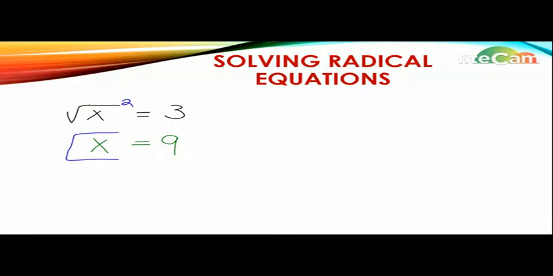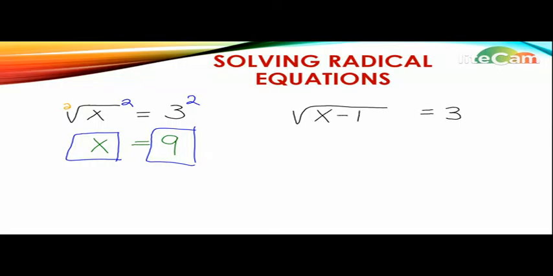If I square the left-hand side, the square root cancels and just makes an x all by itself, or basically x to the 1, which is what I want. I want to solve for x, so I really need x to be by itself. If I square that side, then I always have to do the same thing to the other side, which would give me 3 squared, which is 9. Okay?